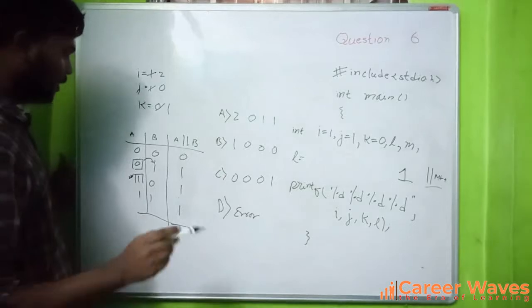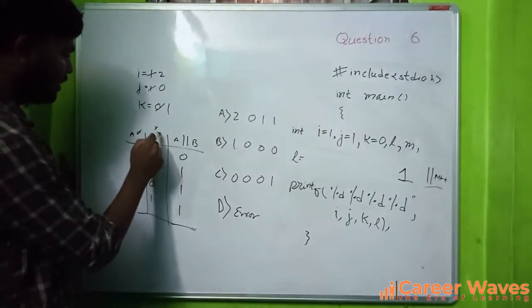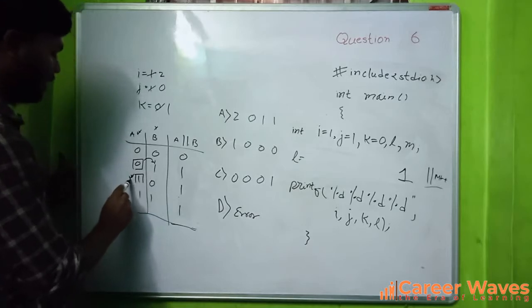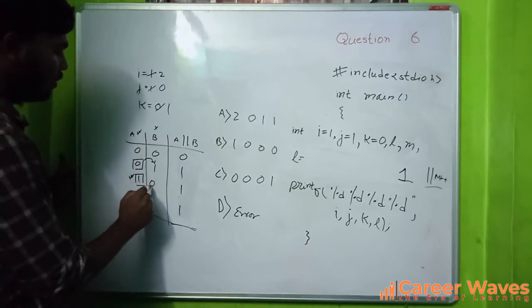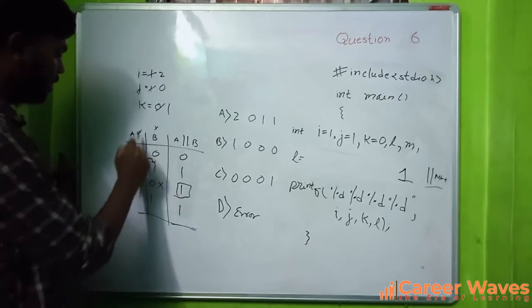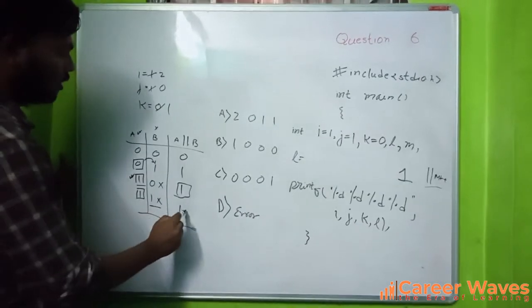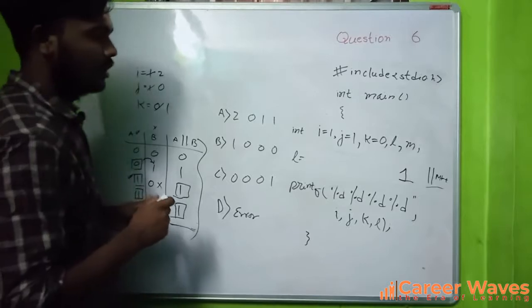If the first value is 1, there is no need of considering the second value; you will still get the output as 1. So this is called short circuit logic.